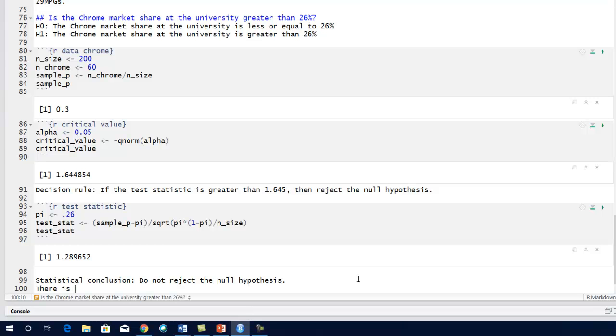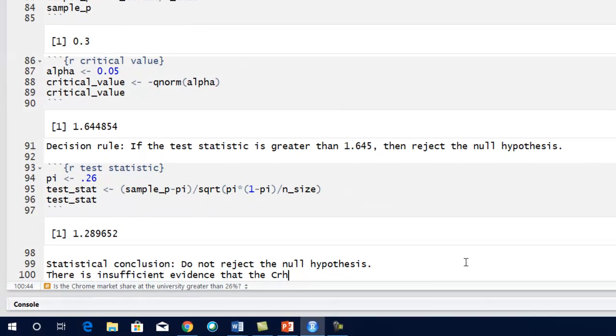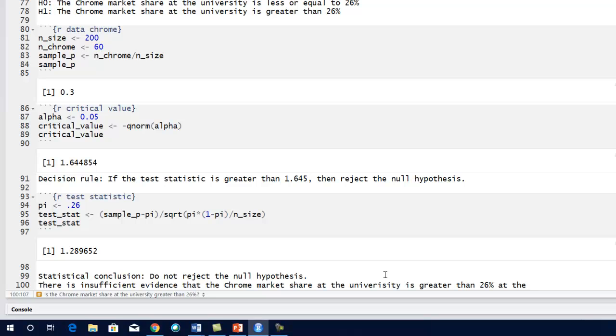So there is insufficient evidence that the Chrome market share at the university is greater than 26% at the 5% significance level.